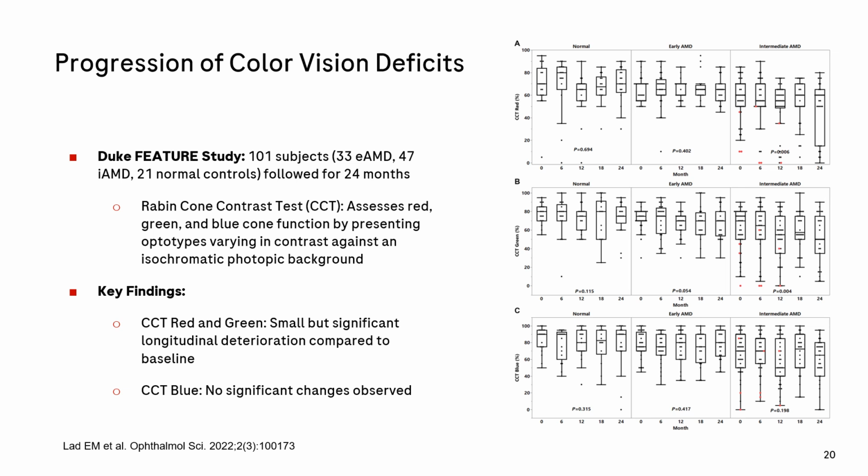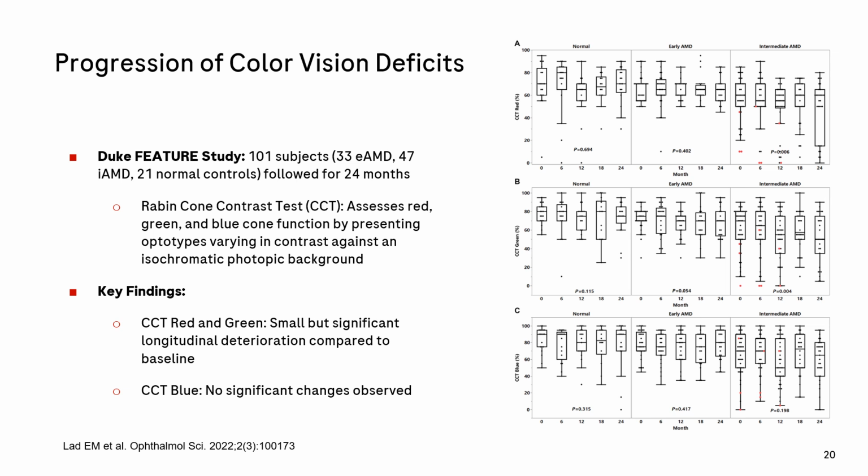It basically shows optotypes with either red, green, or blue cone contrast on an isochromatic photopic background, and over time this contrast decreases, and once the patient isn't able to see the optotypes anymore, that's how the color threshold is defined. And here you can see in the uppermost row the results for the red, in the middle row the results for the green, and in the lowermost row the results for the blue cone contrast test.